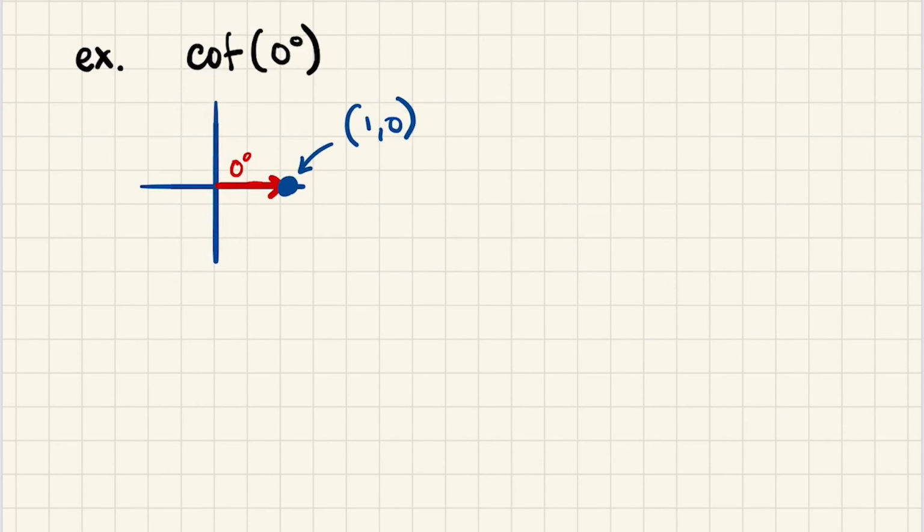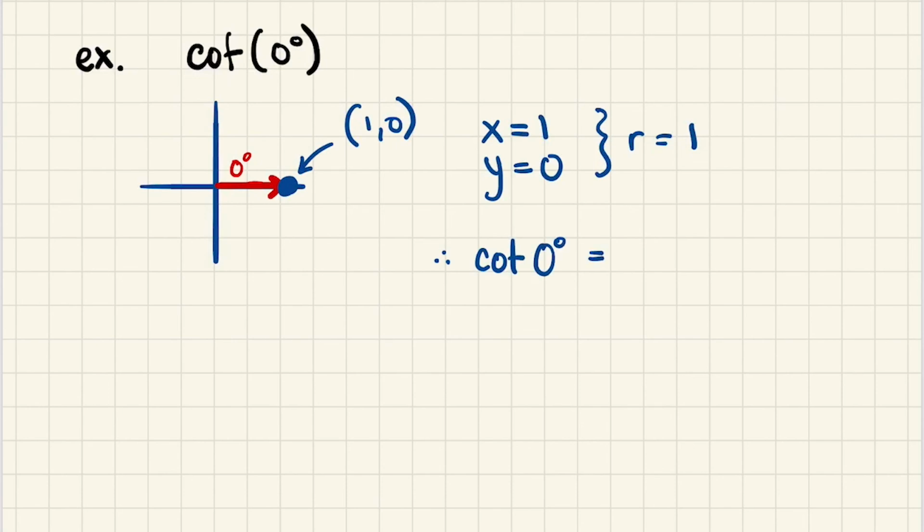Which means that we are choosing x to equal 1, y to equal 0, and r to be 1, which is the square root of 0 squared plus 1 squared. So cotangent of 0 degrees is defined to be x over y, and that's 1 over 0. Uh-oh.